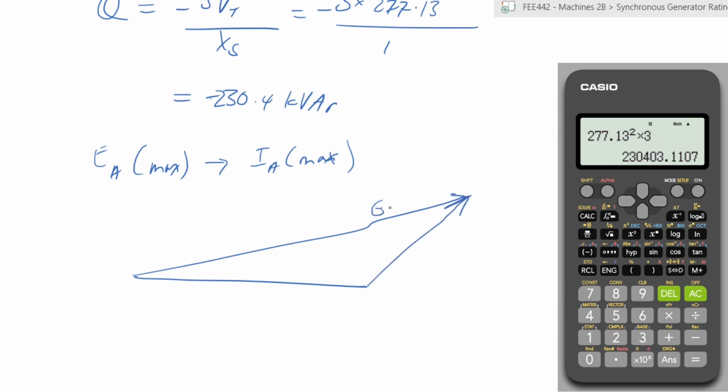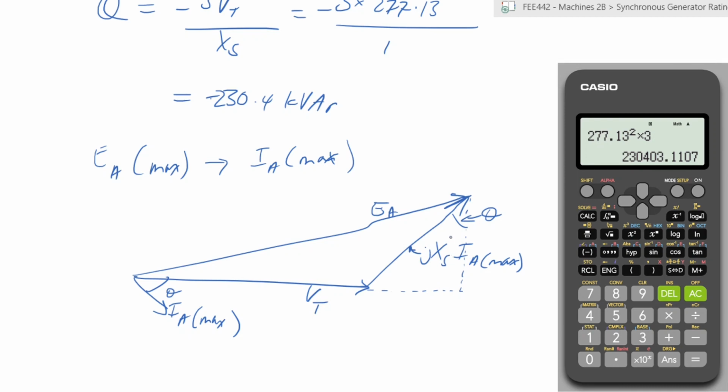So EA is here, and then you have your IA at maximum, which gives rise to jXS IA maximum, right? Now VT is here. So now this theta, when IA is maximum, is that theta when IA is maximum. So this is there, okay?